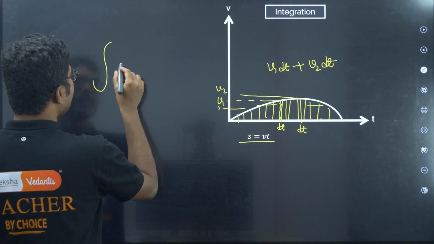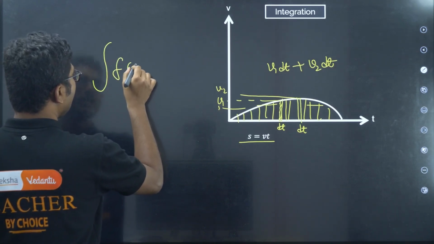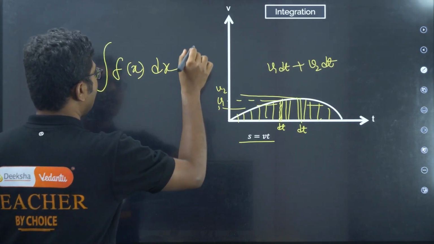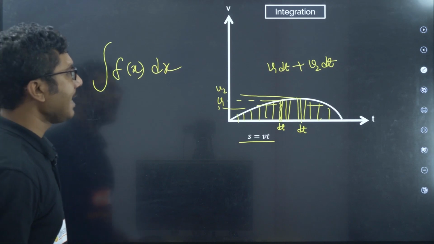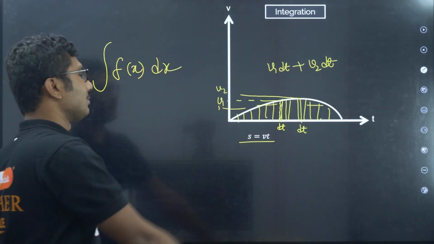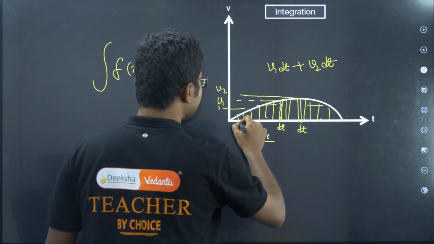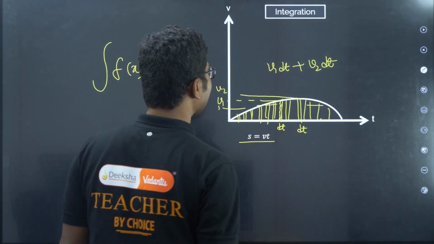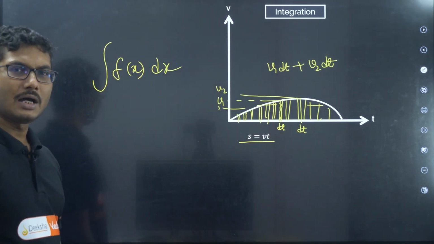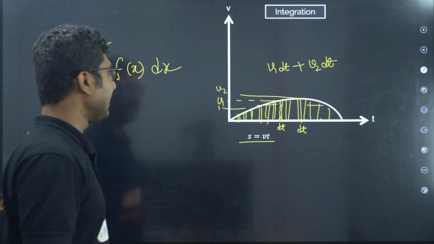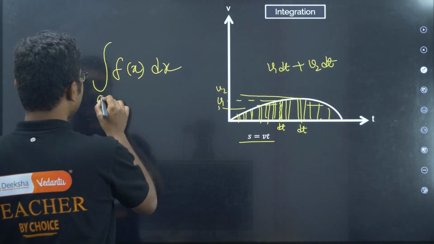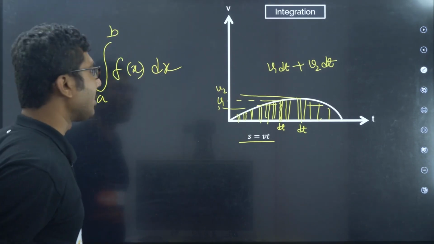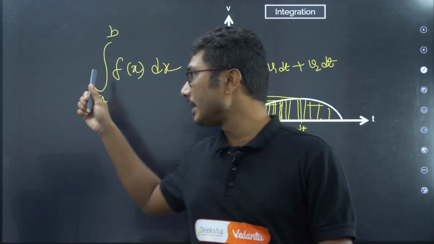Integration of a function f(x) dx. This is how it is written, and basically in physics most of the cases it represents this. There are some other cases as well, but basically integration means area under the graph, starting from somewhere and ending somewhere. This is called definite integration.